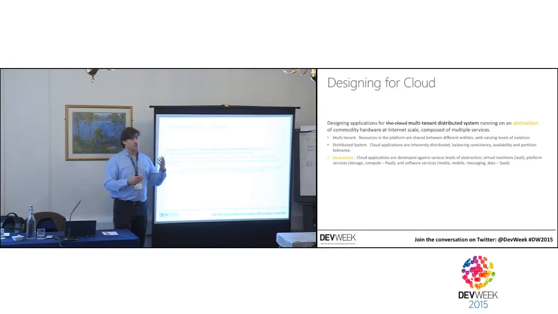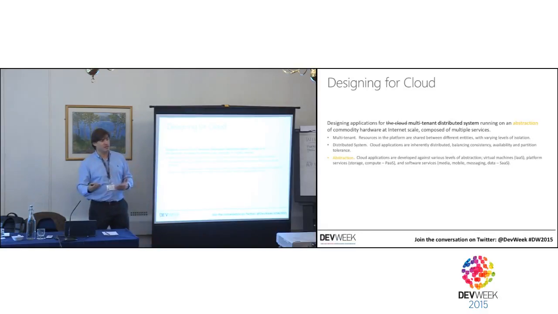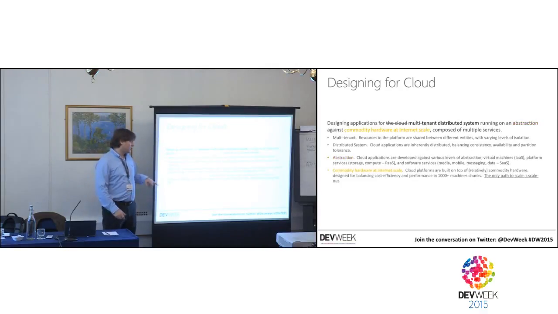Or go down the microservices route, and in that case, that becomes much simpler. So how do you eat an elephant? Small chunks. That's the concept of microservices. So commodity hardware at internet scale.